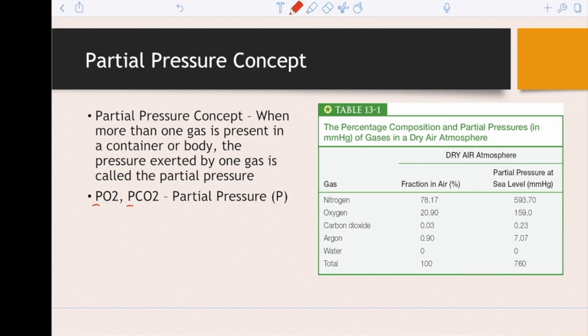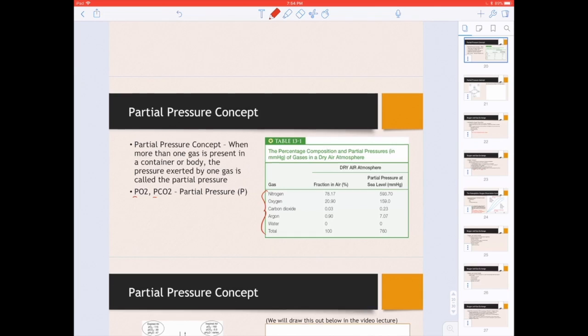The pressure exerted by one gas is called the partial pressure. This shows us the composition and partial pressures of gases in a dry air atmosphere. So these are just any number of gases.